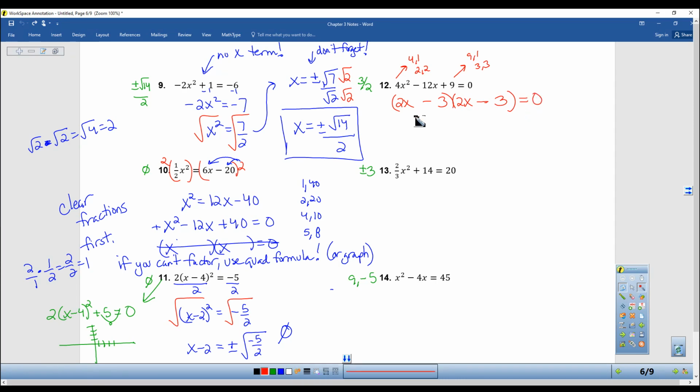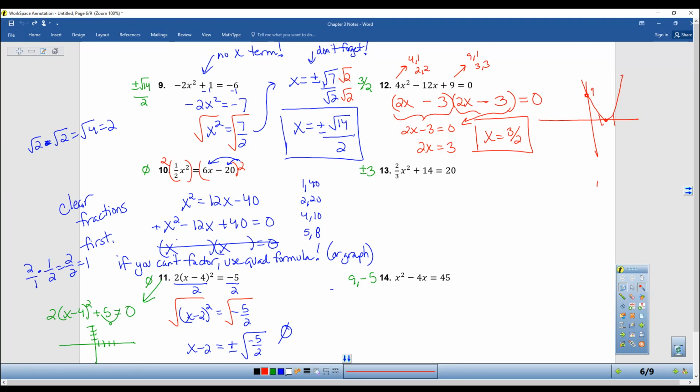My factors are identical, so I only need to do one of them. 2x minus 3 is equal to 0. 2x is equal to 3. x is equal to 3 halves. There's only one answer. Do you remember what that means graphically? It means that at 1.5, there's a bounce. And since I can see that the y-intercept is 9, I actually can make a pretty nice graph.